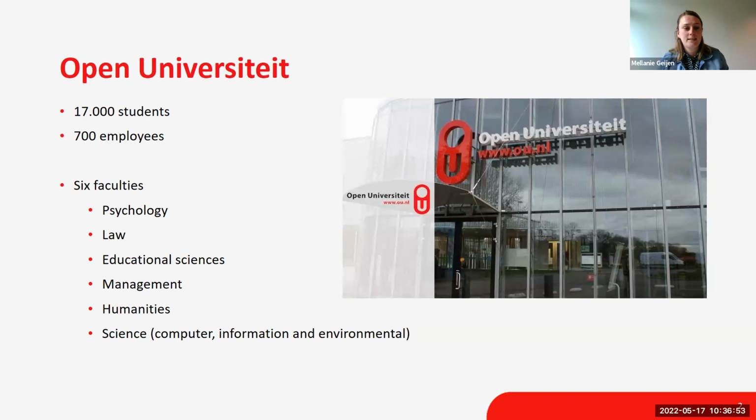The education consists of bachelor, master programs, or individual courses. We have approximately 700 employees, of which around 300 are involved in research. So we have a little research group. And as Diana already said, the education and research is aimed at those 6 areas.